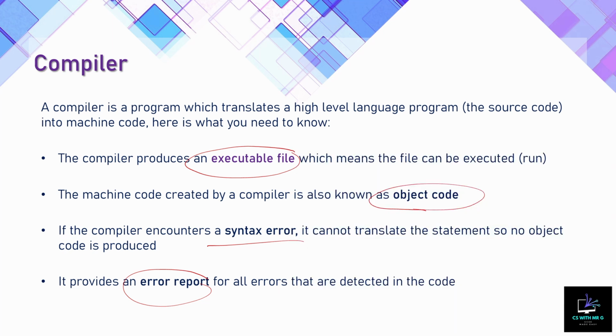So it's important that when code is compiled, it needs to be completely error-free in order for the successful executable file to be produced at the end. So keywords with the compiler are executable file, an error report if any syntax errors are found, and also object code, which is just another word for the machine code after compilation has taken place.